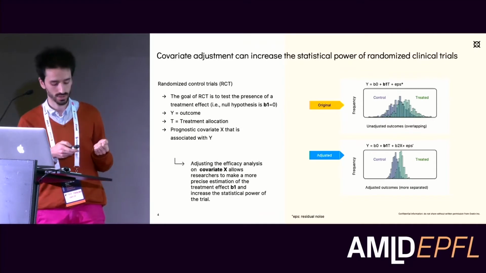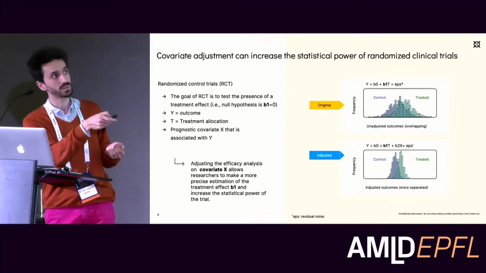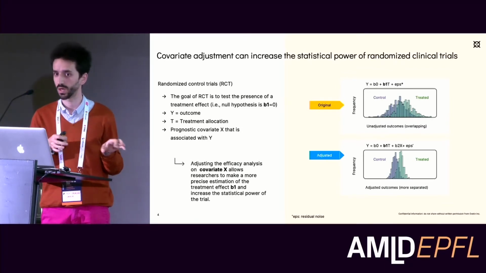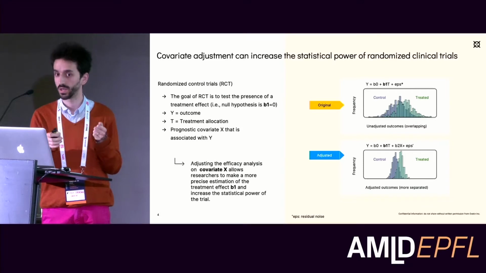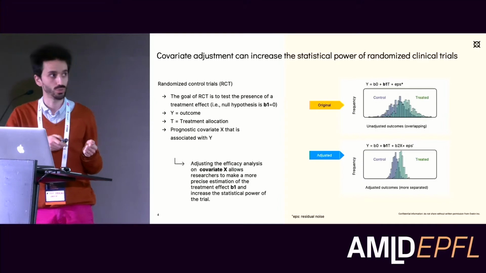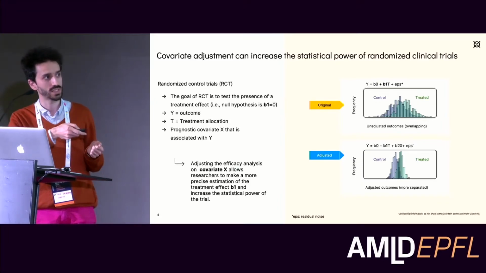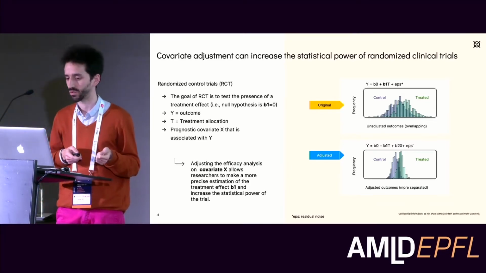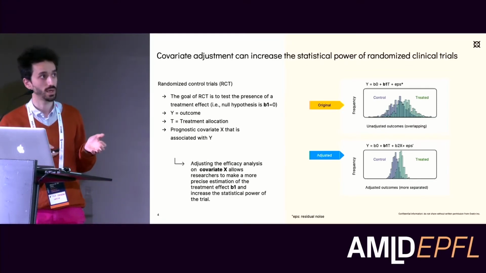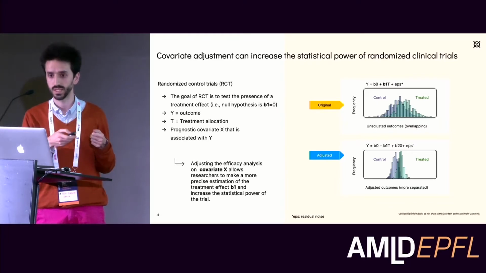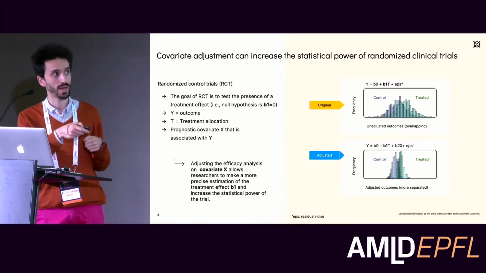If you do the simple unadjusted analysis, you're simply going to look at the outcome in the two arms of the trial and try to find a difference in means between those two distributions. And when you do the adjusted analysis, you're going to add B2X in this regression model, and this will mean that you're going to look at differences in mean of Y minus B2X.